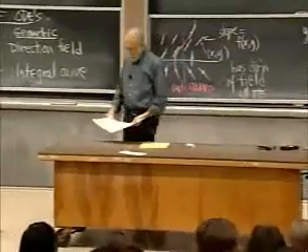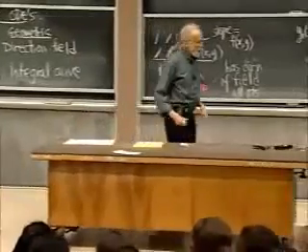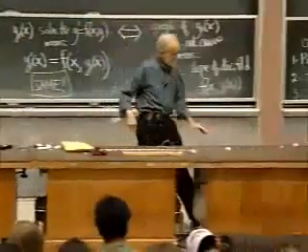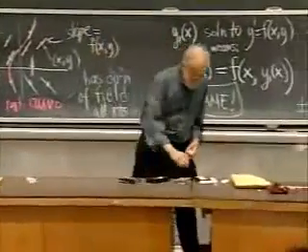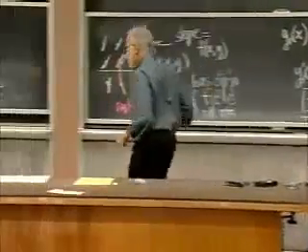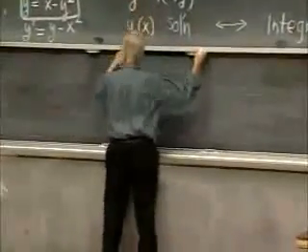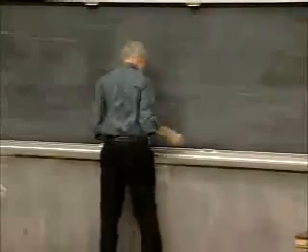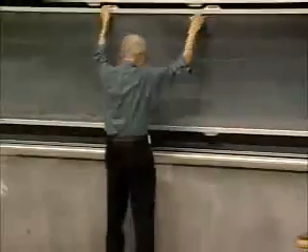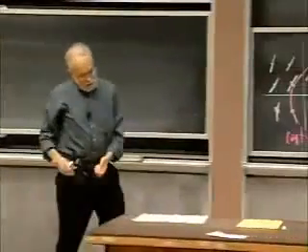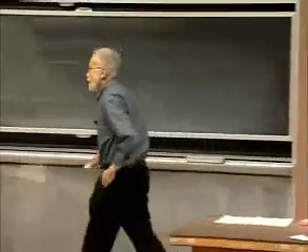Okay, so for the next few minutes, I'd like to work a couple of examples for you to show how this works out in practice. So the first equation is going to be y prime equals minus x over y.